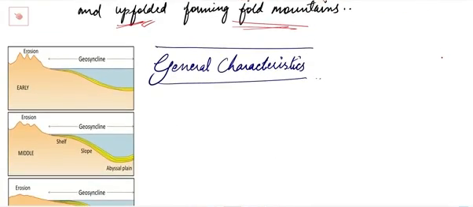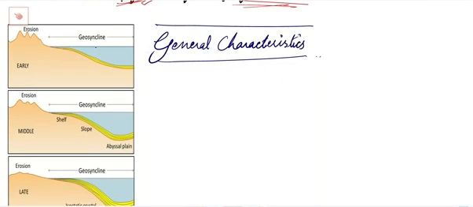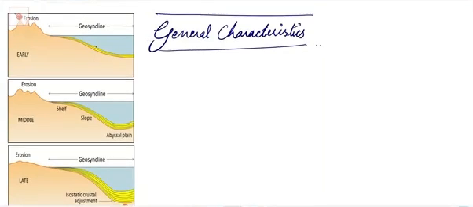So what are the characteristics of geosyncline? If you see in this image, which I have explained earlier, erosion takes place on this mountainous area which is near to the sea or a water body. This is a mobile water body, and these yellow lines are depositions made due to the erosion.